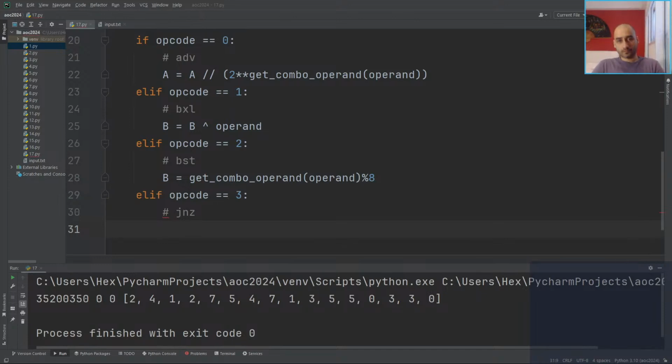So every other one of these increases the instruction pointer by 2. Okay.